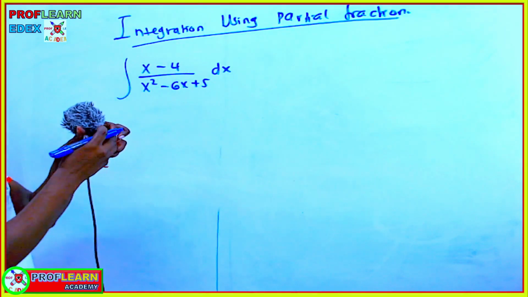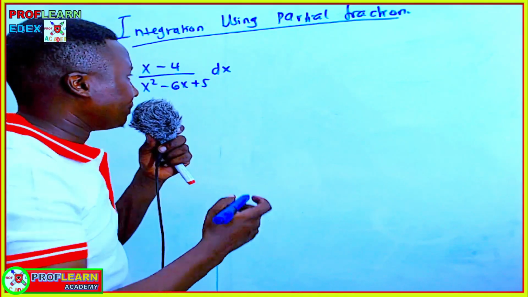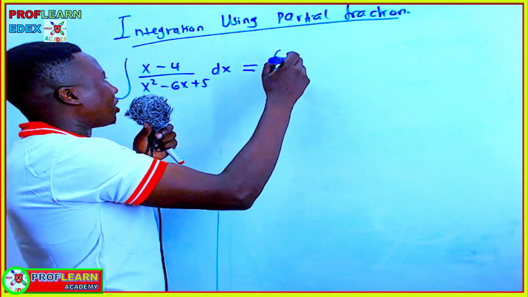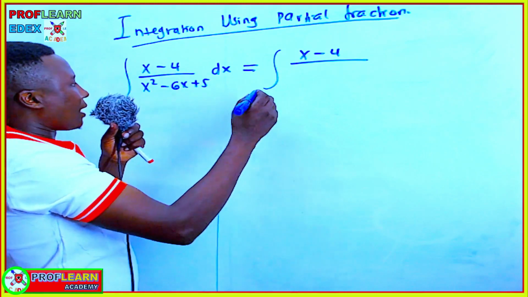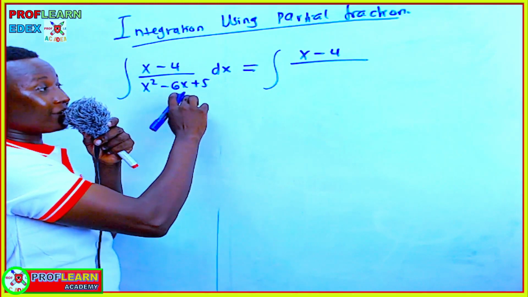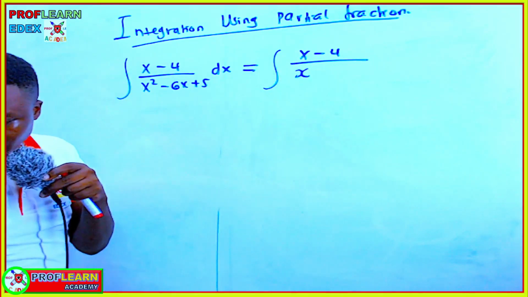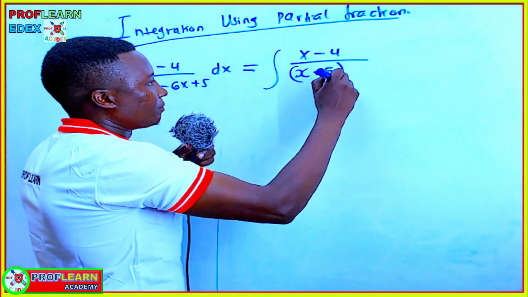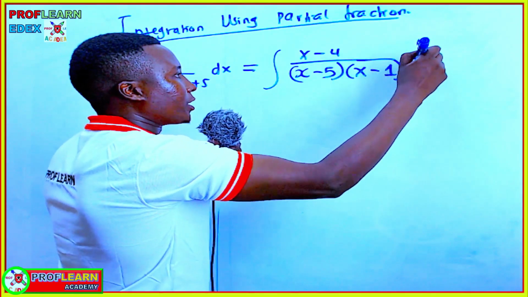You can see that the part we have here is actually a quadratic, which means you can factorize this quadratic. If you factorize this denominator, you are going to have x minus 5 into x minus 1, with respect to x.